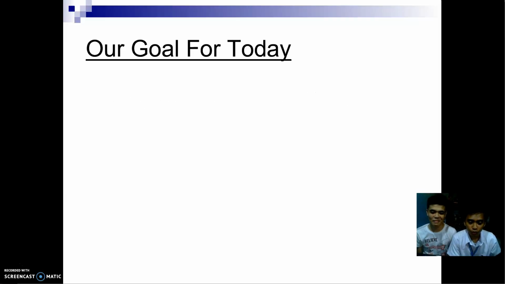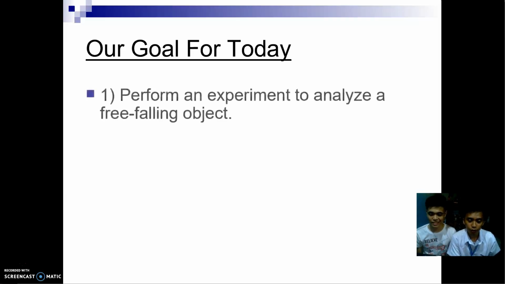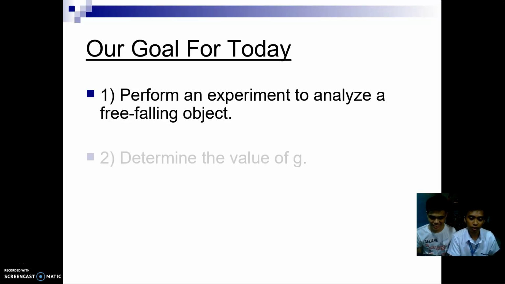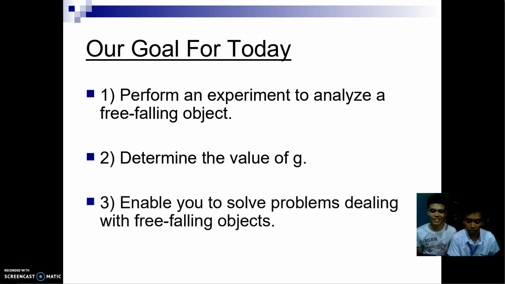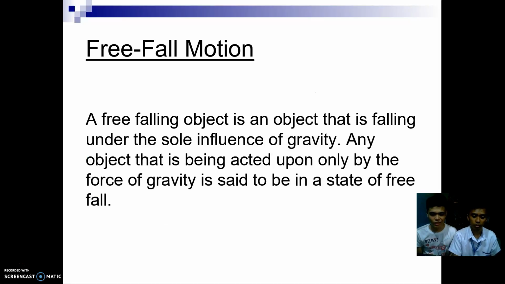We have 3 goals for today. First is to perform an experiment to analyze a free-falling object, and second, to determine the value of g, also known as gravity, and last is to enable you to solve problems dealing with free-falling objects. So what is free fall motion?